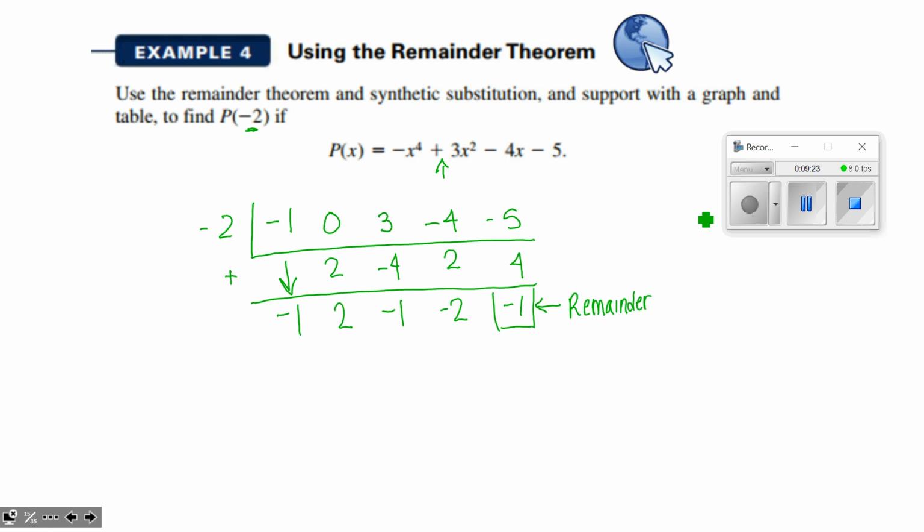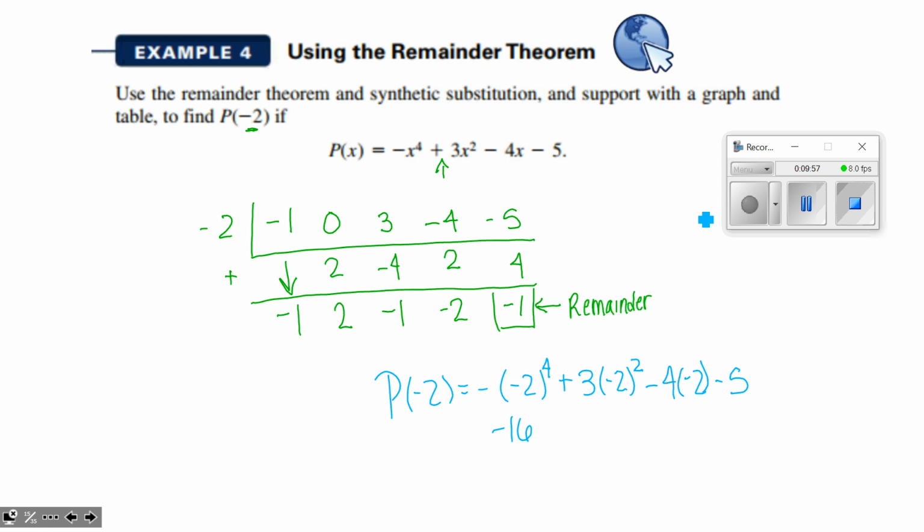But if I take this function and I plug in -2, so I have negative 1 times -2 to the fourth plus 3 times -2 squared minus 4 times -2 minus 5. So 2 times 2 is 4, and 4 times 4 is 16, so this is -16.